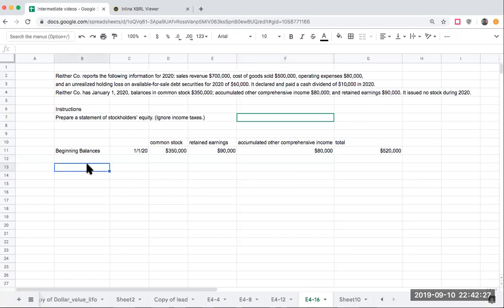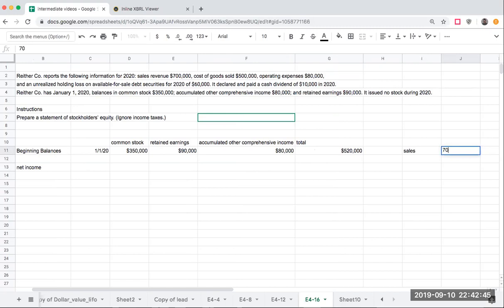So as I go through here and read this problem, it says, prepare a statement of stockholders' equity. I've got my beginning balances here, then I'm going to go through it. I've got my net income. What was my net income? My sales of $700,000, less my cost of goods sold of $500,000, less my operating expenses of $80,000.